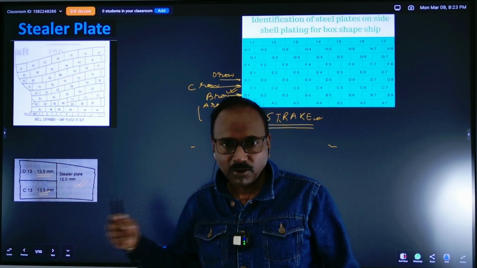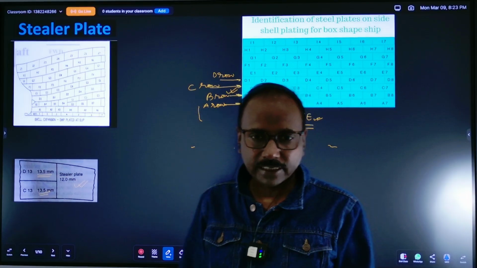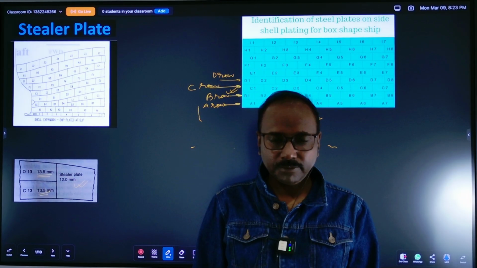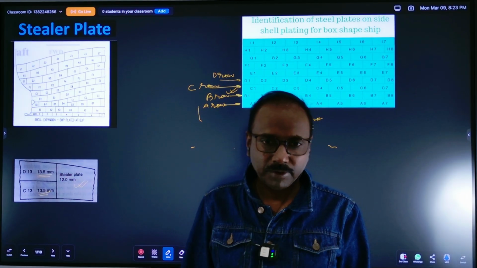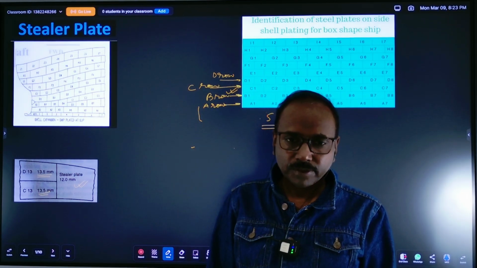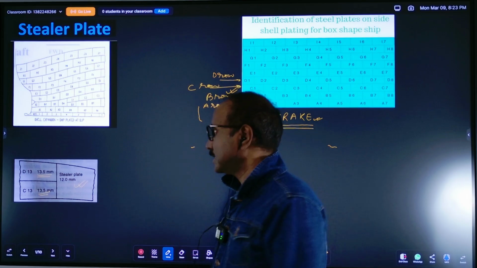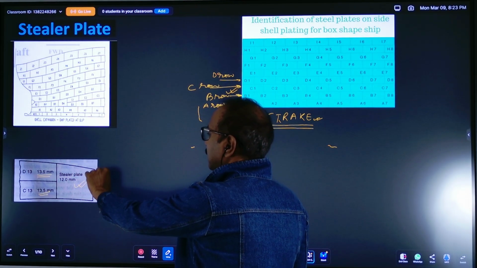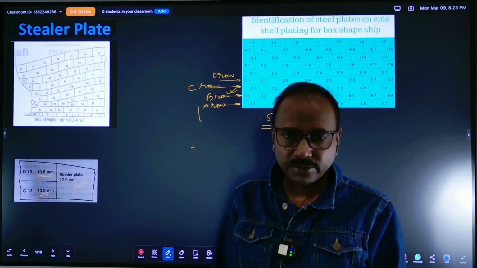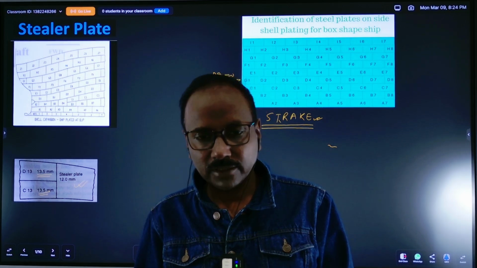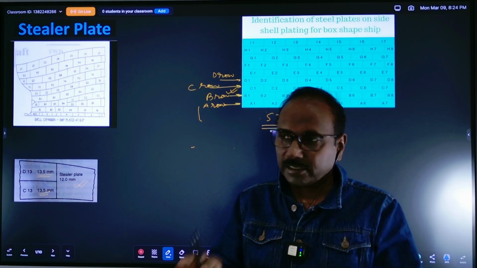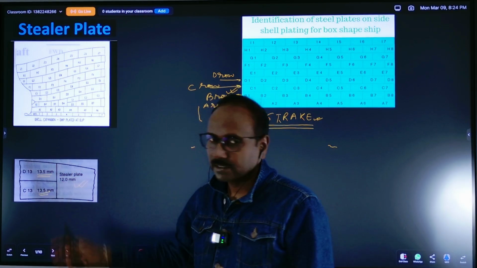It is not that in all areas you will use the Stealer plate. Then also it will be a problem. So wherever the strake's width is getting thin, getting lesser, and approaching almost zero, in those locations you use a Stealer plate instead of continuing the strake like this.